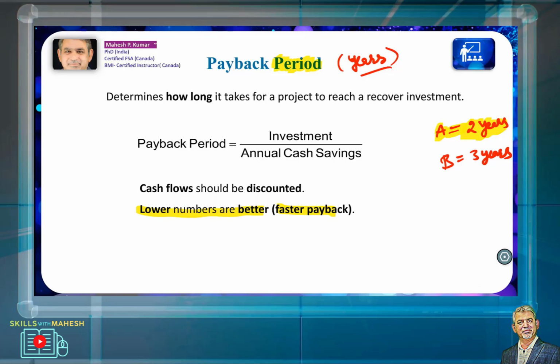So this is the criteria, that all the projects will be evaluated on the basis of payback period, which means we will calculate how many years it would take to recover the investment in the project, or how much time it would take to reach the break even point, which is another way of saying the same thing. And if we reach the break even in 2 years rather than 3 years, then it is a better thing.